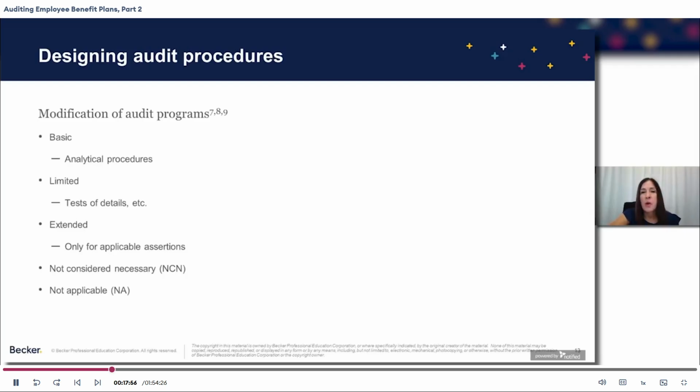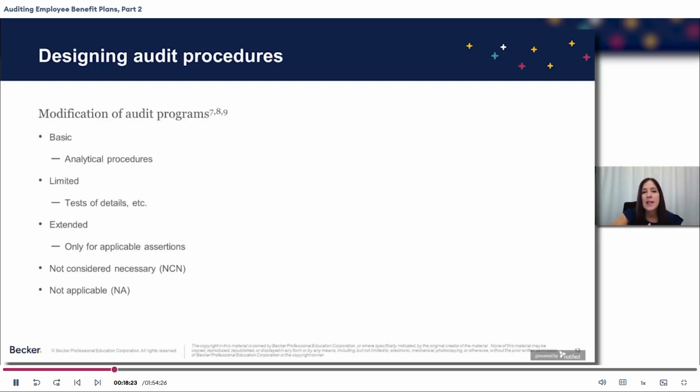When you are responding to the identified and assessed levels of risk, you are going to be designing those procedures as we've mentioned, but that's also going to require you to possibly modify those audit programs. Generally, audit programs are separated out between your basic types of procedures, which would focus more or less on analytical procedures.